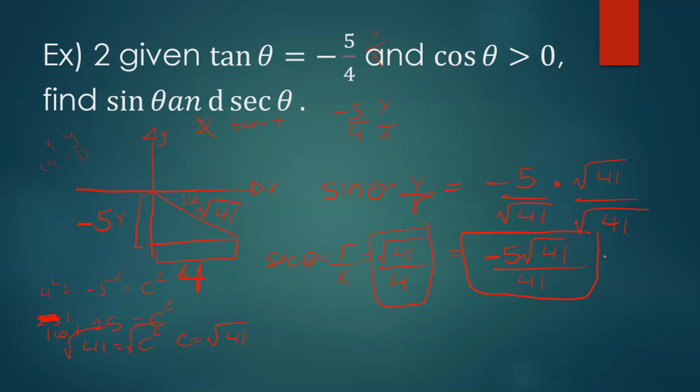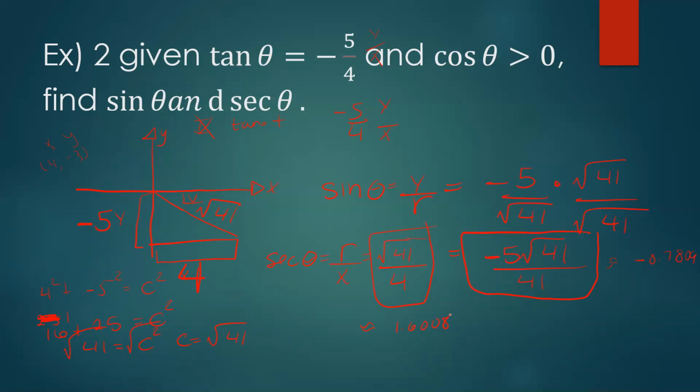And if you're curious about the decimals, negative 5 radical 41 over 41 is about negative 0.7809, and radical 41 over 4 is about 1.6008. Okay, so that was example 2.